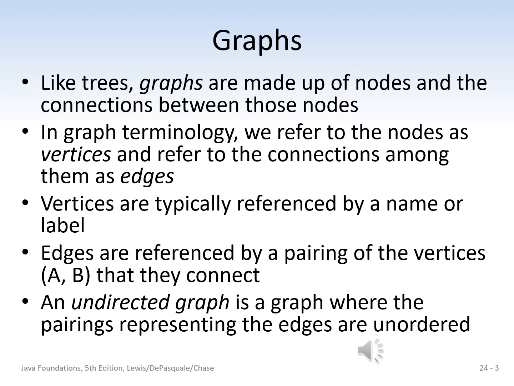Vertices are typically referenced by a name or a label, and edges are referenced by a pairing of the vertices. So for example, if we have vertices A and B, the edge that connects A and B would be AB. An undirected graph is a graph where the pairings representing the edges are unordered.